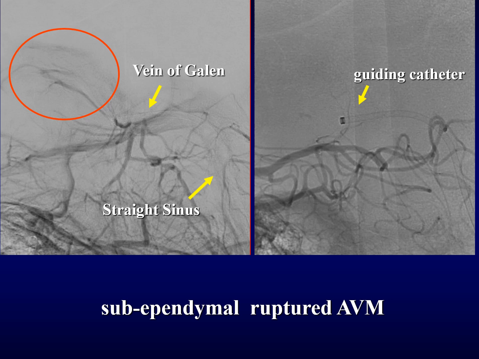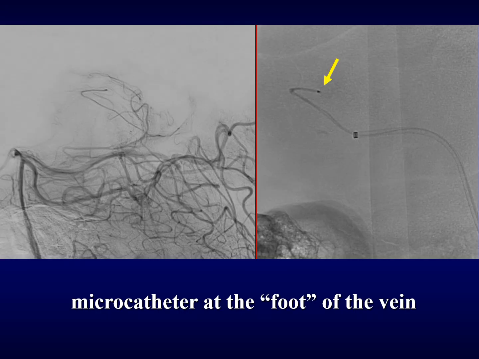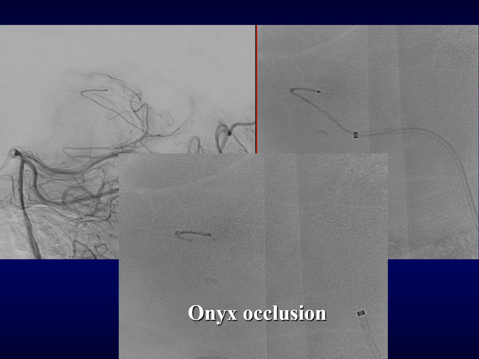You can see the guiding catheter coming up into the straight sinus and into the vein of Galen at the level of the origin of the internal cerebral vein, so that the microcatheter could be advanced into the draining vein of the AVM, let's call it AV shunt, and just a small quantity of Onyx was injected to have a complete occlusion.